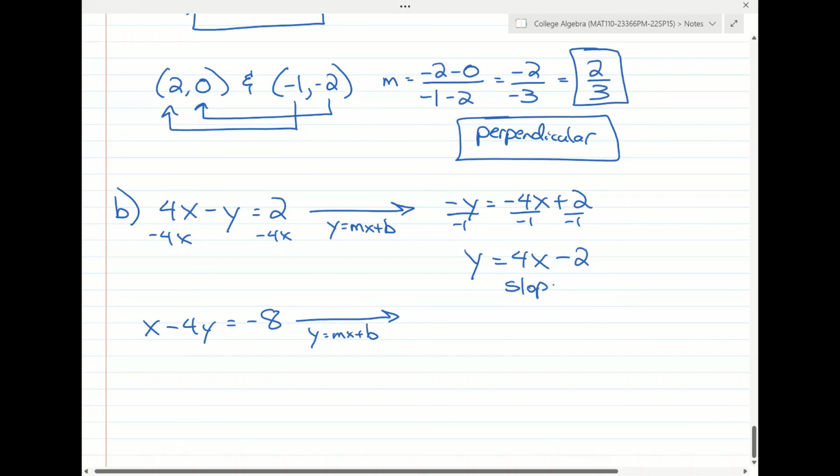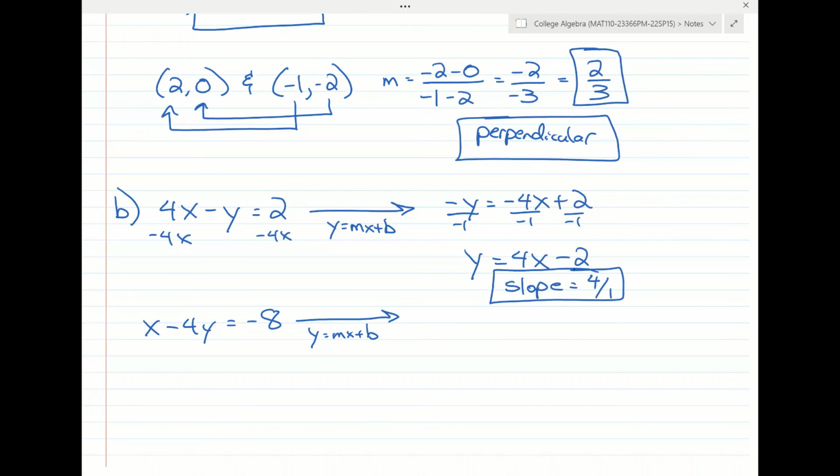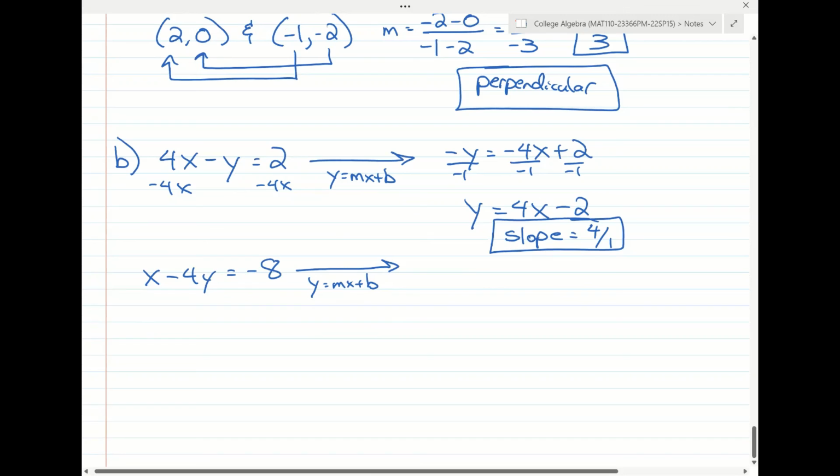The slope would just be 4 over 1. Whenever you have a slope, you could think about it as just 4. If you want to make it a fraction, you could always write it over 1 also. And then the second equation, let's bring the x on the other side.